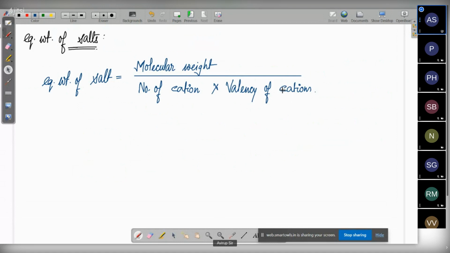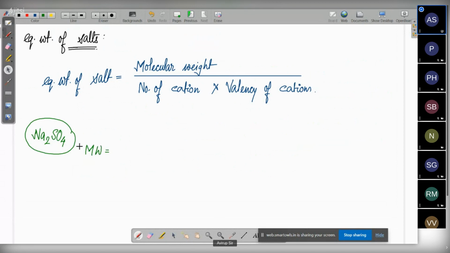Okay. So suppose if I give you Na2SO4, you have to find the equivalent weight of Na2SO4. So quickly calculate the molecular weight and tell me what is the molecular weight of Na2SO4.